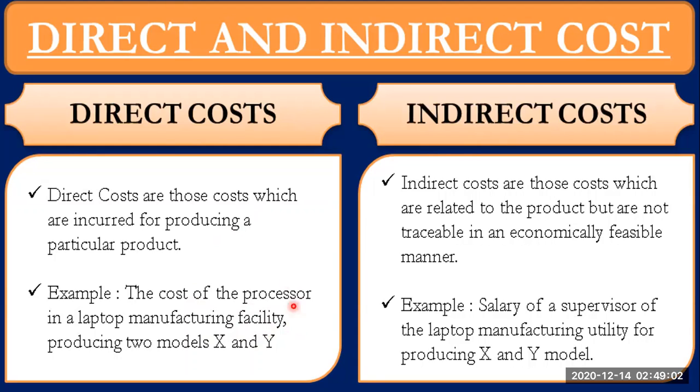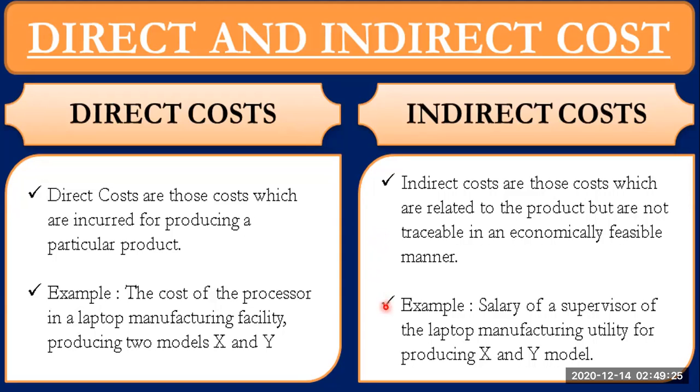All right. And indirect costs are those costs which are related to the product but are not traceable in an economically feasible manner. It means they are not connected directly with the production, but still a cost.